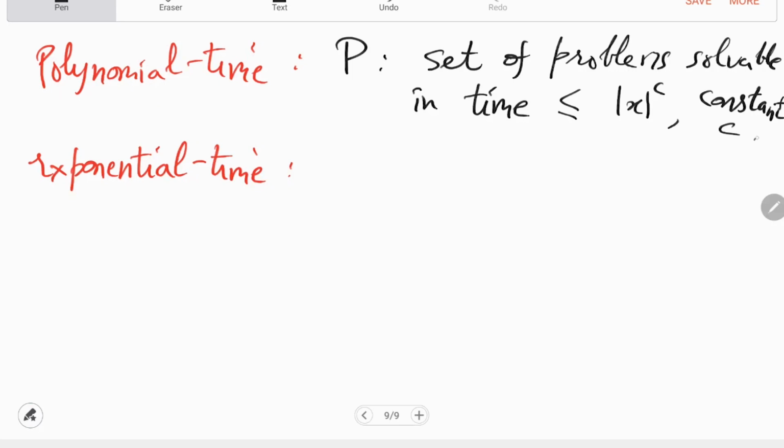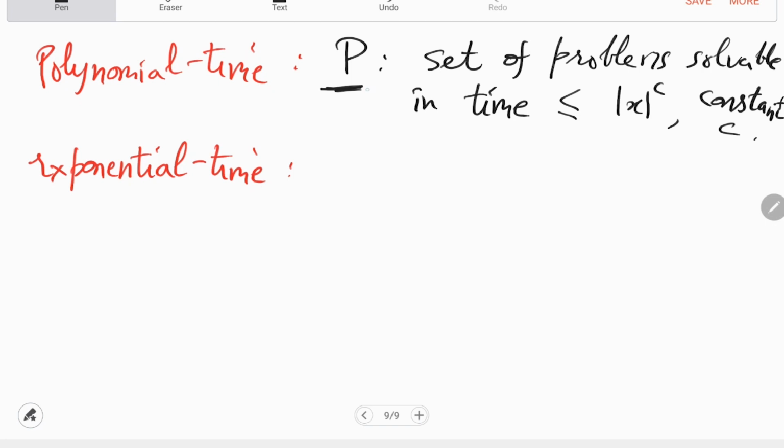So problems which are solvable in at most time n or n square or n cube, and the set union is called P. This is the definition of P.